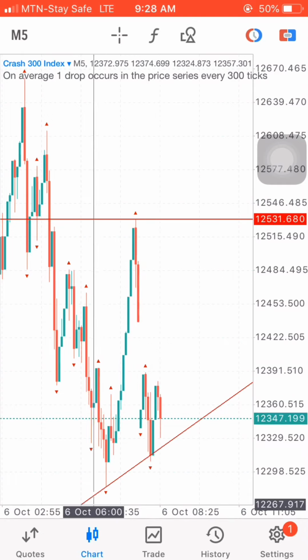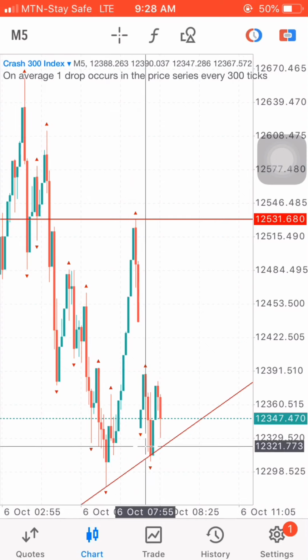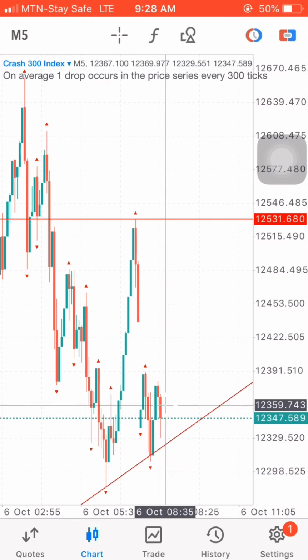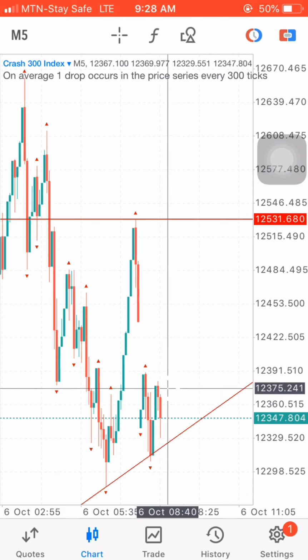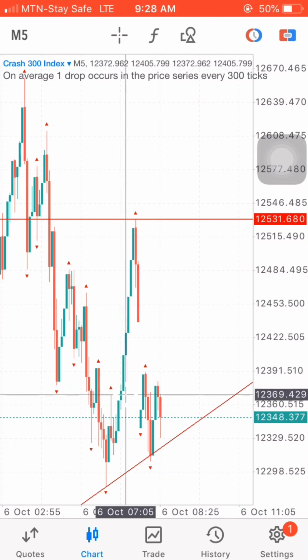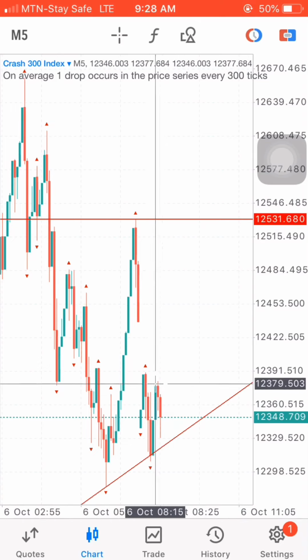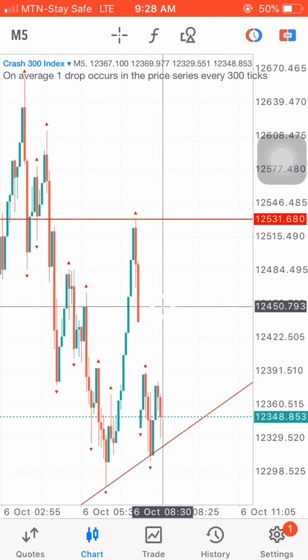So now you see that the trend line is actually in the right position. If I'm going to be getting into this trade again, I'll have to wait, hear me out, for it to buy above this fractal. Once it buys above that fractal, then I can get into the trade.